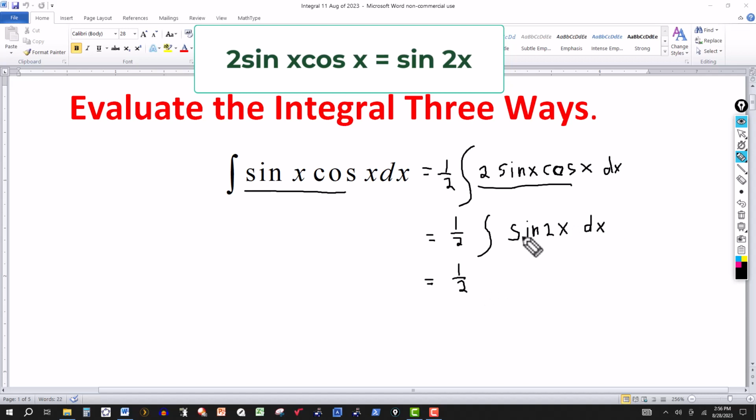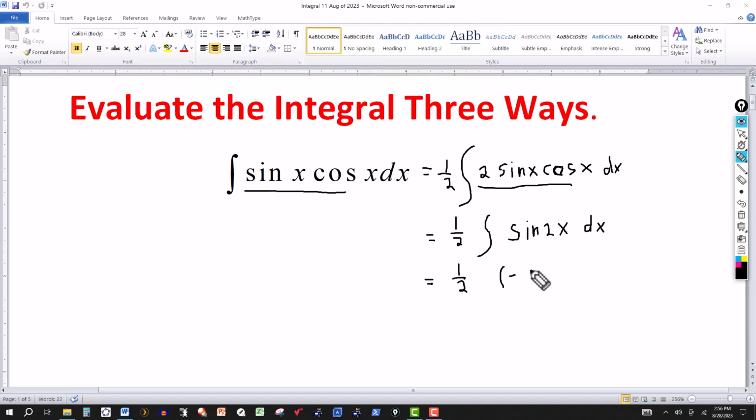So the integral of sine of 2x is minus the cosine of 2x. And then the derivative of 2x is 2, so we have to put this out here. Then we have the constant of integration. So multiplying this out, this is 1/2 times the 1/2 there.